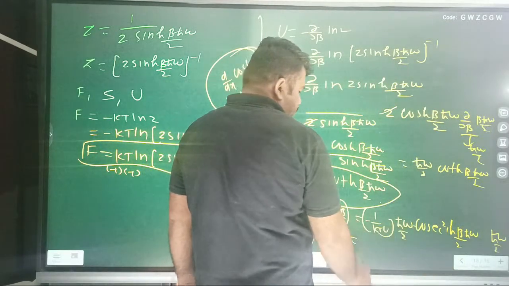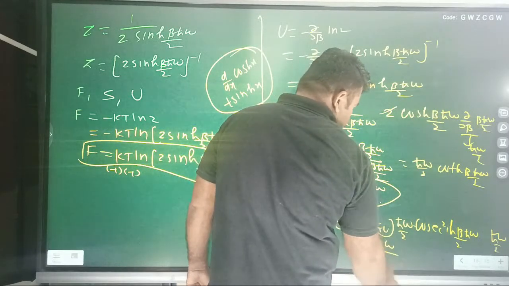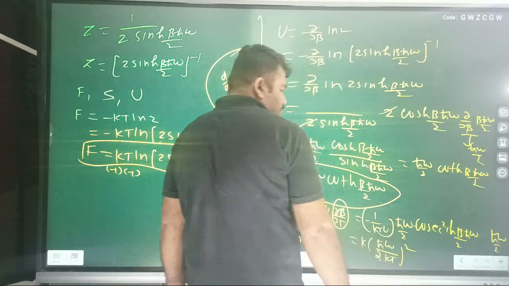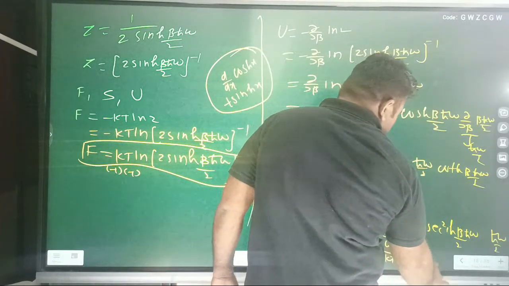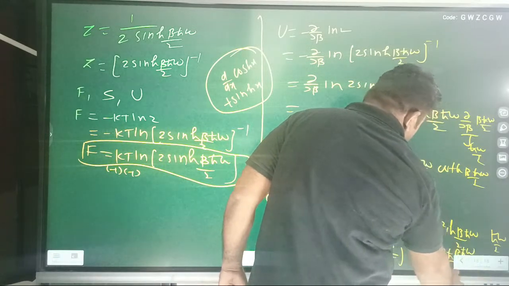So this is equal to K times (ħω/2KT) whole square times cosech square of βħω/2.